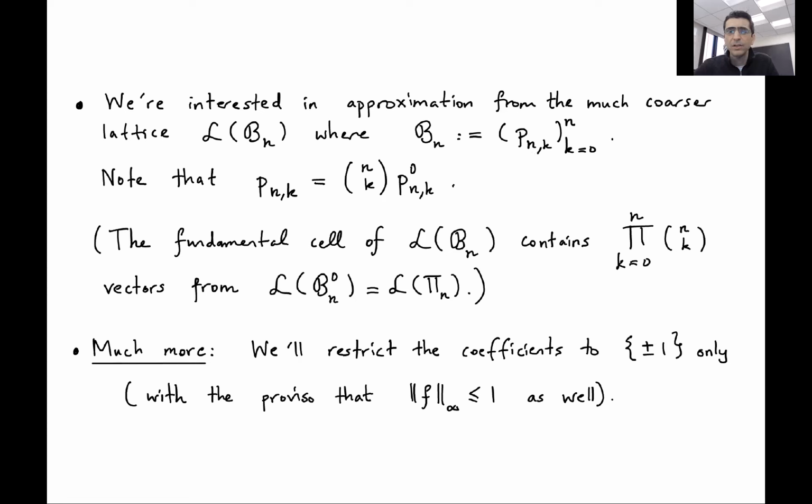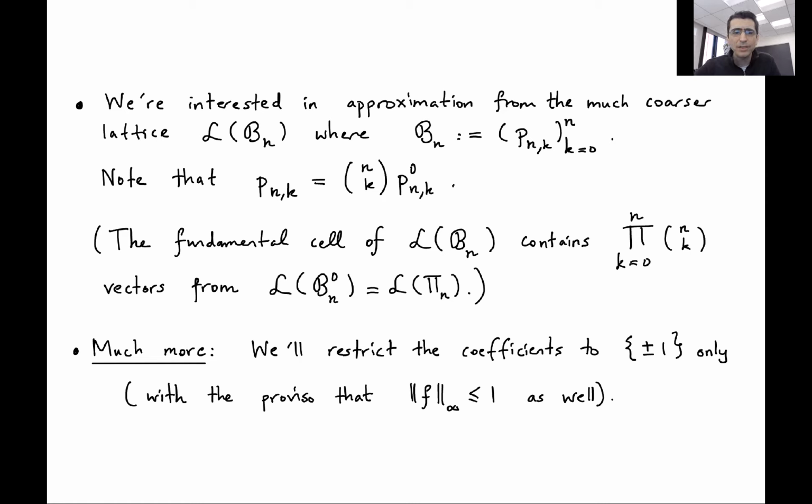In fact, in each direction k, for each basis polynomial, there are n plus one of them. I am expanding the volume by n choose k, so that overall the volume is expanded by this product of n choose k, which one can check is about quadratic exponential in n.